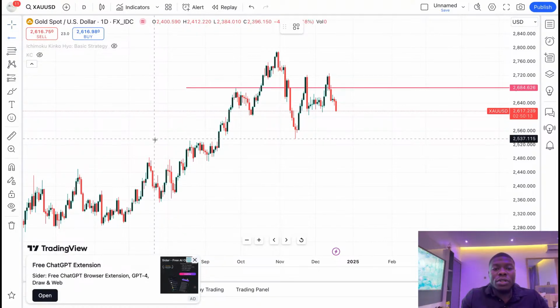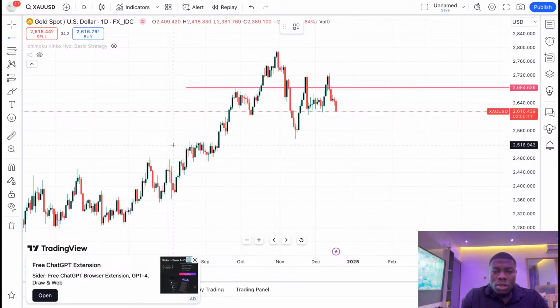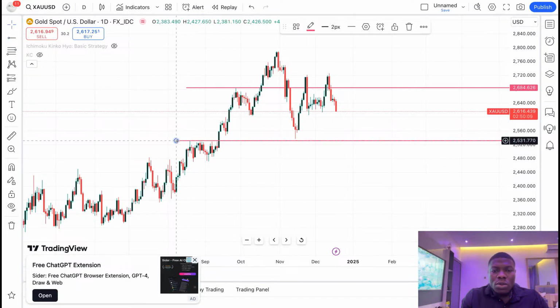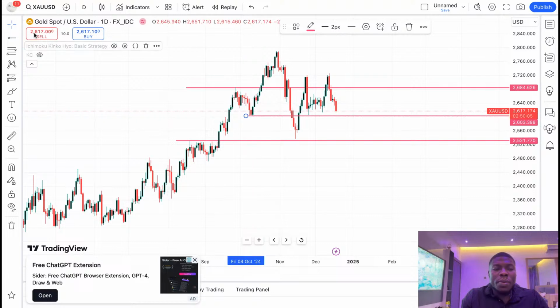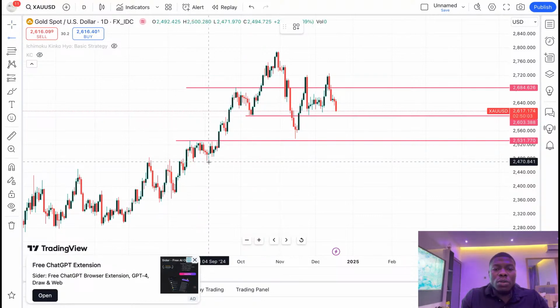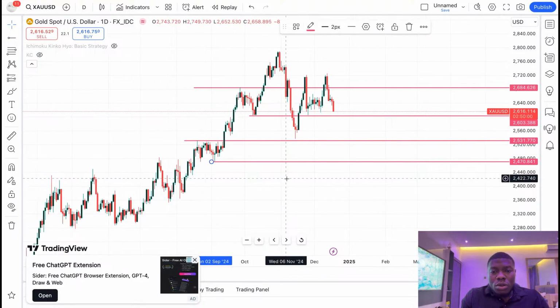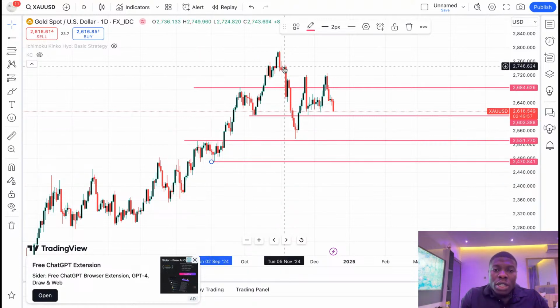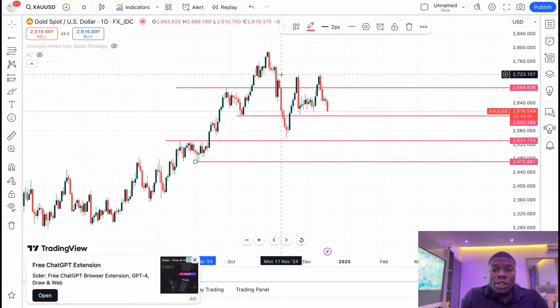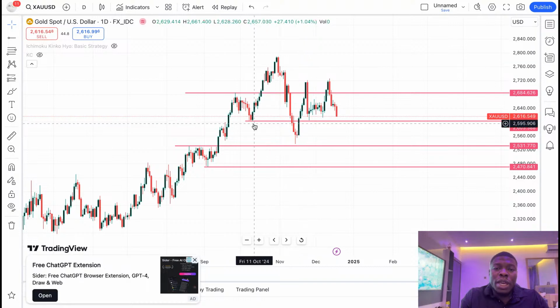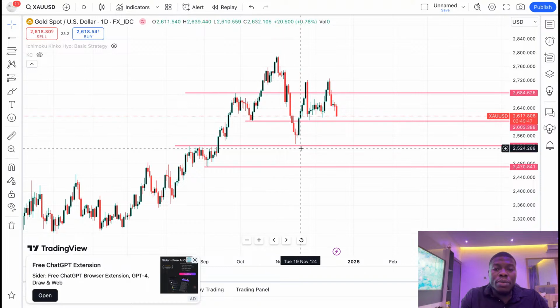This is the previous swing high as well. So our swing low is here. Our swing low is here. So on this 1 day, this being our uptrend, we'll be making higher lows, but we made our first lower low on this region.